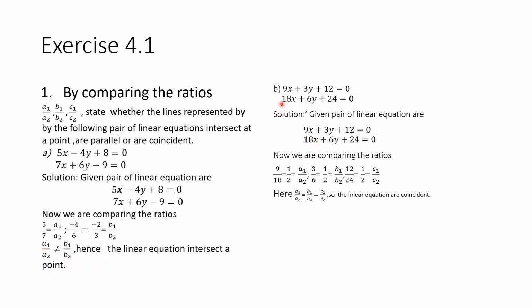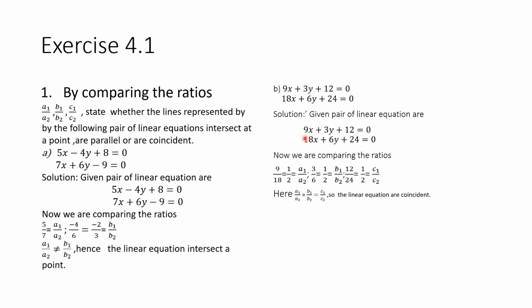Now let us look at the other pair of linear equations, that is 9x plus 3y plus 12 is equal to 0 and 18x plus 6y plus 24 is equal to 0. Here I have written down the pair of linear equations. Now we compare the ratios a1 by a2, b1 by b2 and c1 by c2.